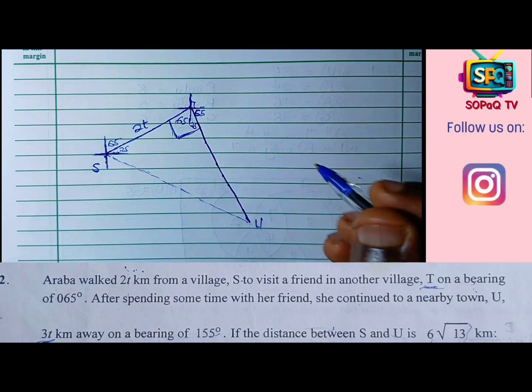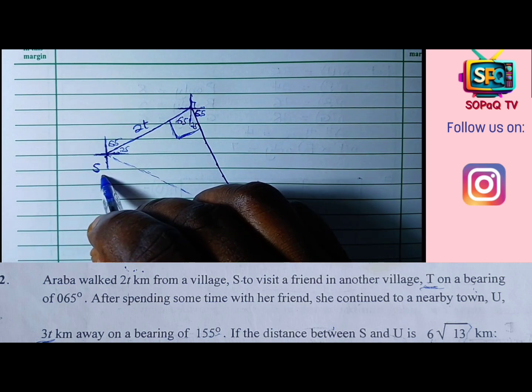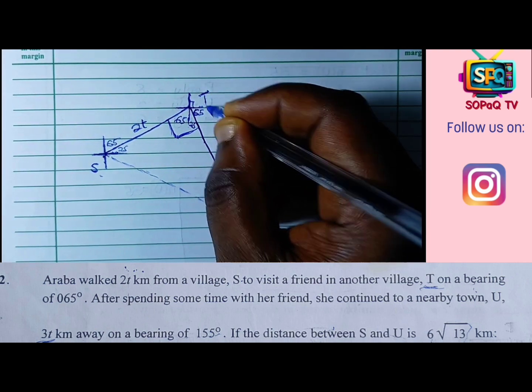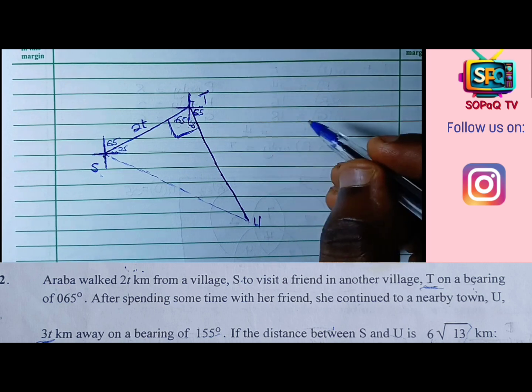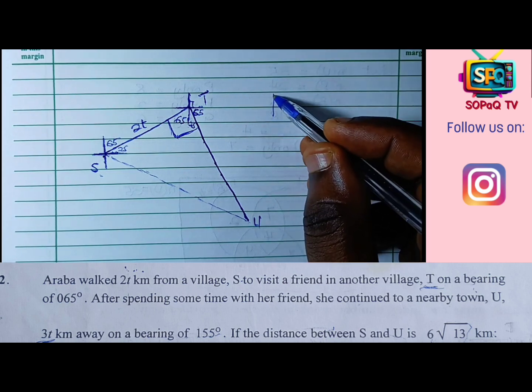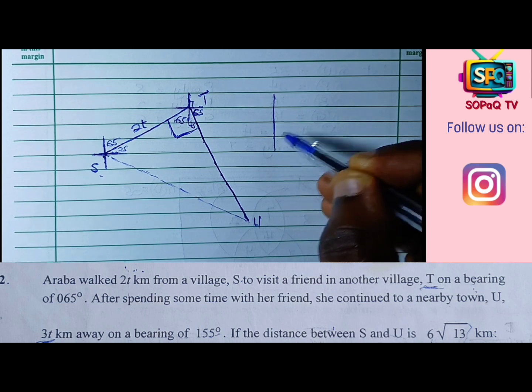And from S, where did she go? T. So this side will be T. So we can now sketch it to look like a normal right angled triangle.